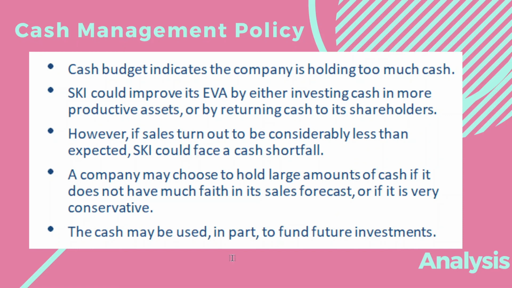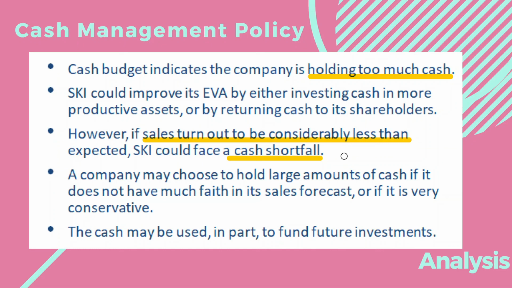Let's do an analysis of the company's cash management policy. An analyst suggests that the company is holding too much cash. One way is to look at it this way: the company probably follows a conservative cash management policy, because if sales turn out to be less than expected, the company would not have a problem with cash position, because the company has more than sufficient cash on hand.